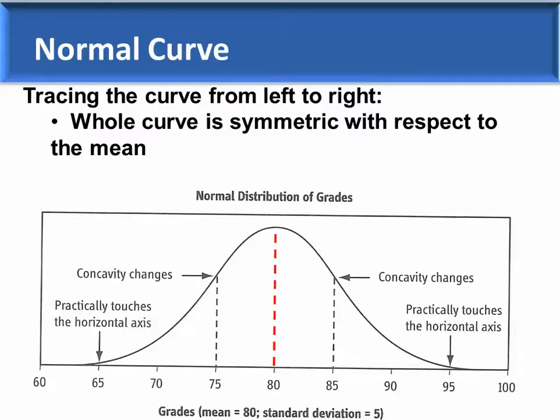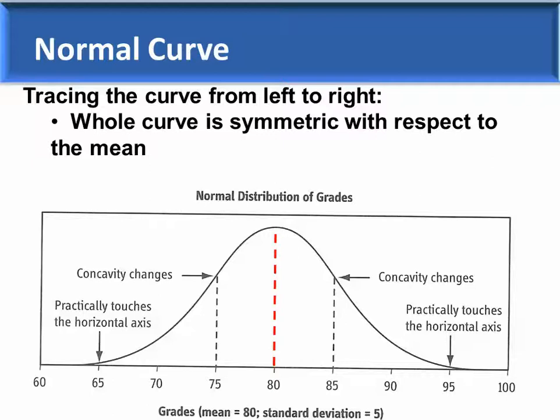So you can see here kind of a whole discussion of the whole process. At about 3 standard deviations below, if 80 is our mean, 3 times 5 would be 15. 15 below 80 is 65. At 3 standard deviations below, it's practically touching the curve. At 1 standard deviation, the concavity changes.